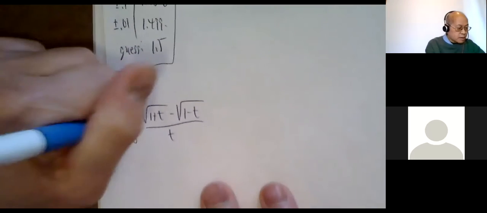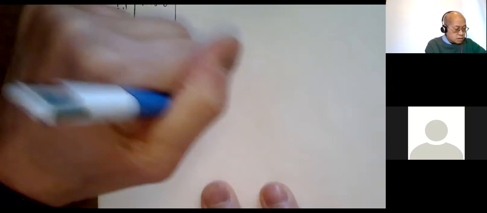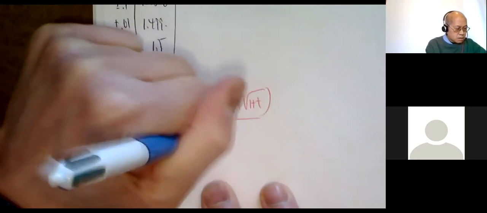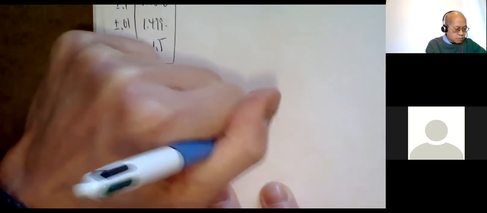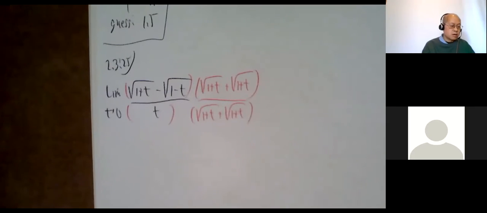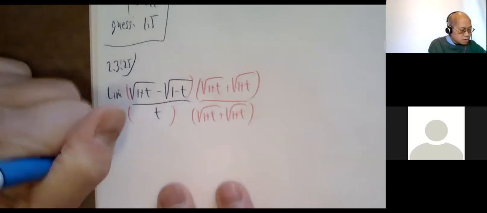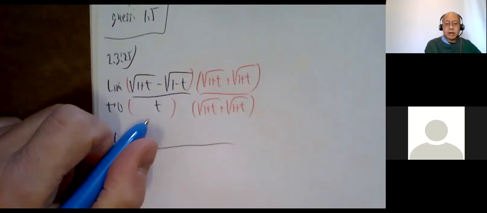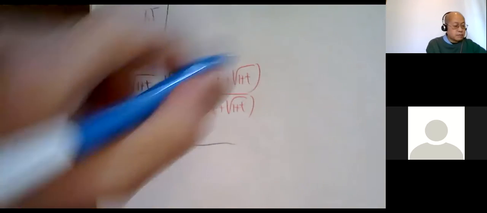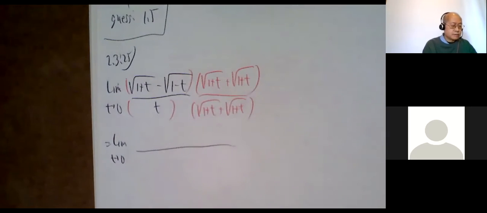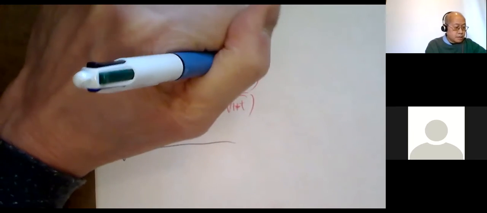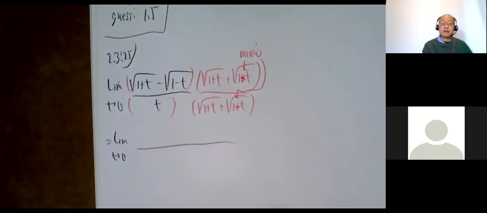Okay, so multiply by the conjugate of the numerator: radical 1 plus t plus radical 1 minus t, top and bottom. Usually you don't want to multiply out the bottom. Let's see, what did I do? That should be a minus there, sorry. And unfortunately, there's no way to undo a plus with a minus. Minus there and there, okay? Unless I had whiteout, but I don't have whiteout.